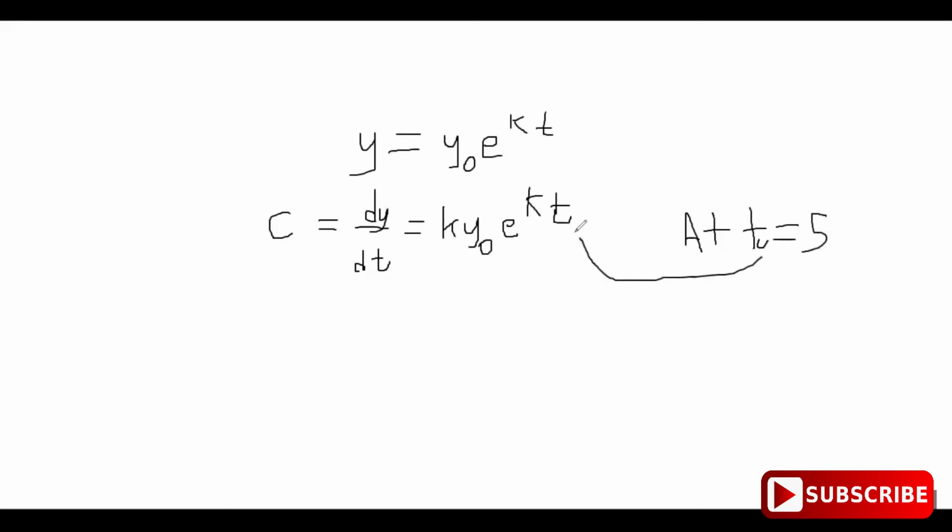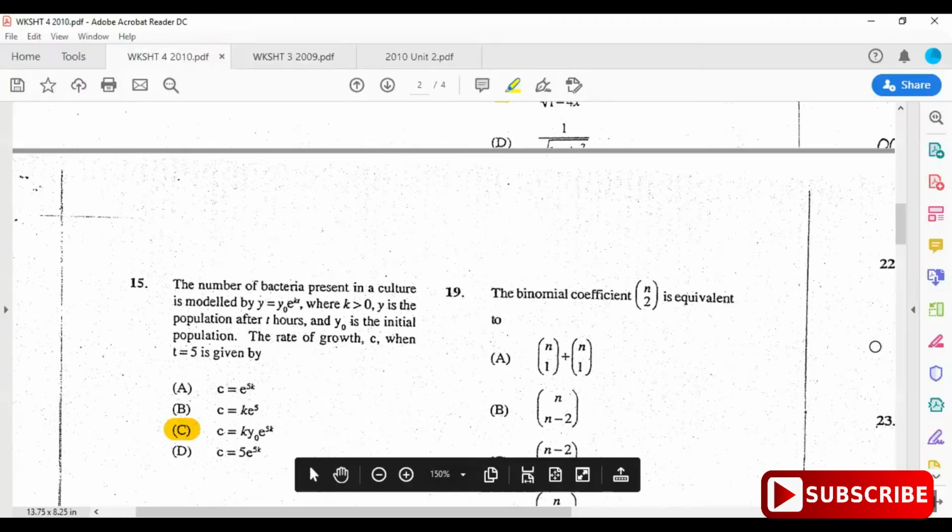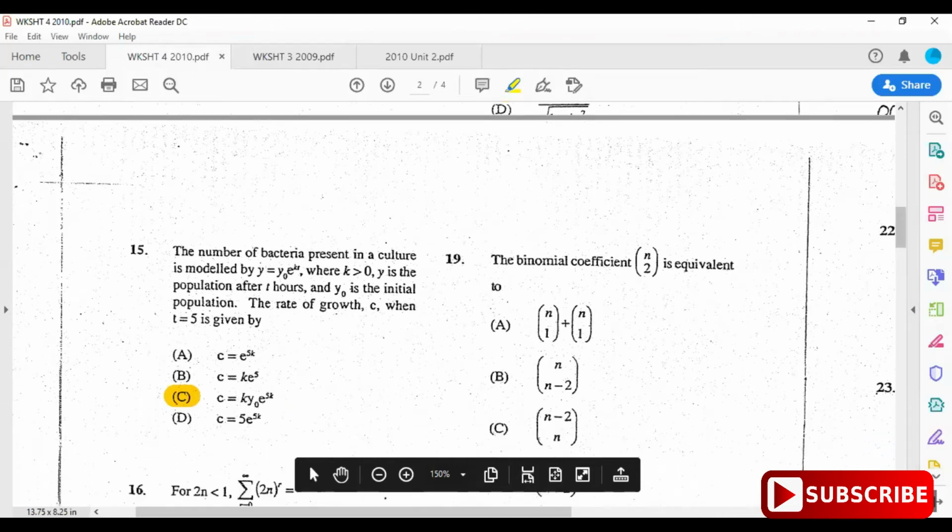So it's k y naught e to the k times 5, or 5k. And that's c. Easy question.